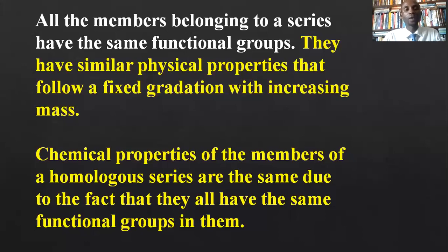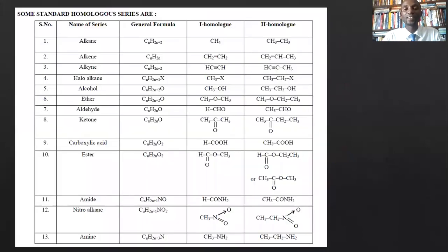All right, let's take a look at some homologous series. We have a series called alkane, single bond. We have alkenes, we have alkynes, we have haloalkanes from alkane. We have alcohol, which is the alkanol family. We have ester, which is the alkanoate family. We have aldehydes. We have another family, ketone. We have carboxylic acid.